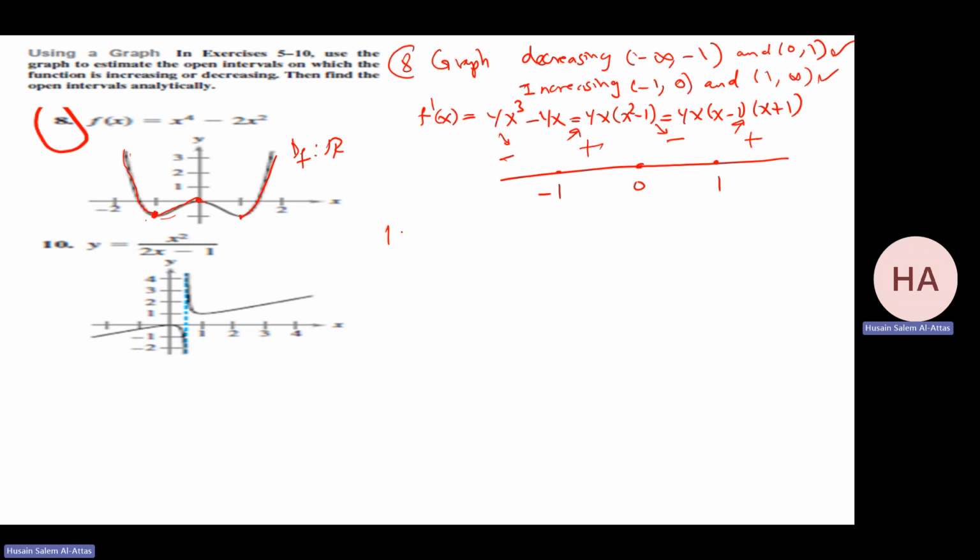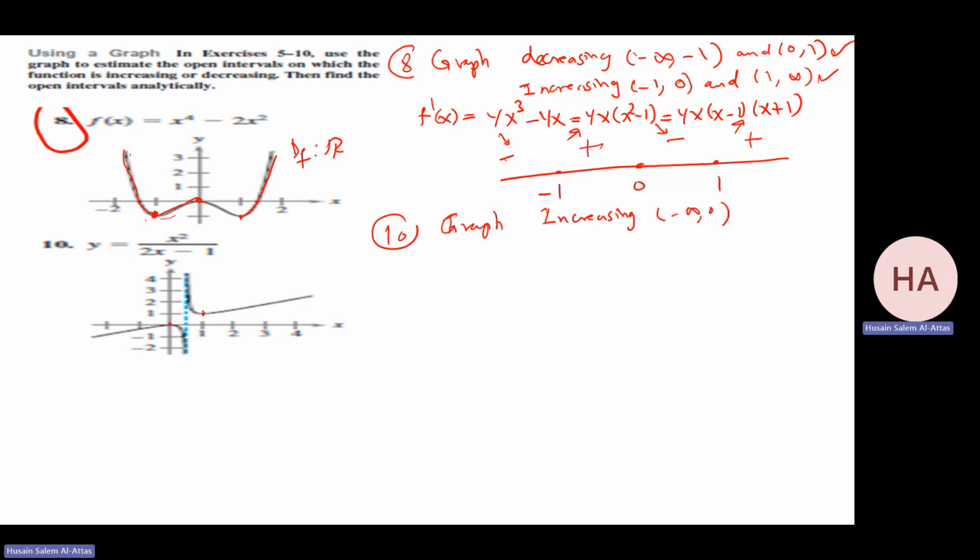Okay, let me go to question number 10. I'll do it from the graph, then I'll do it analytically. Okay, from the graph, it's increasing from where to where? It's increasing up to here. Increasing from minus infinity up to 0.